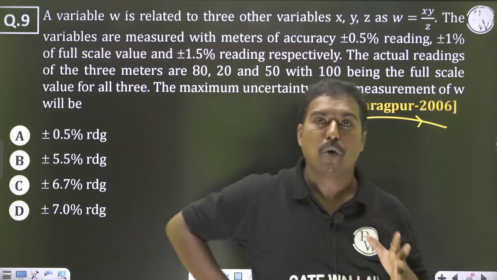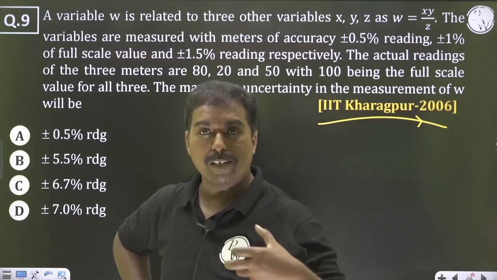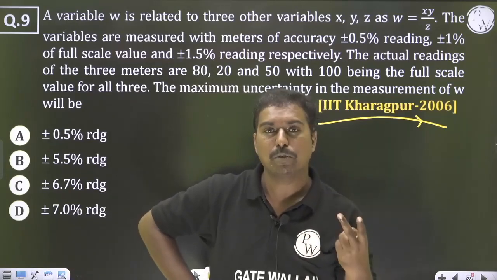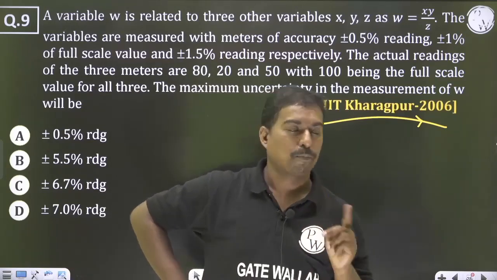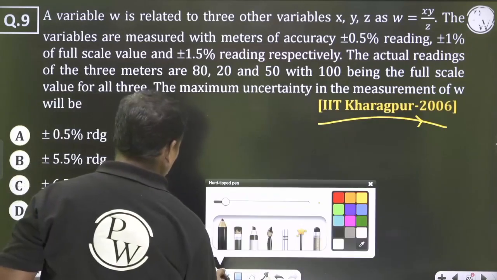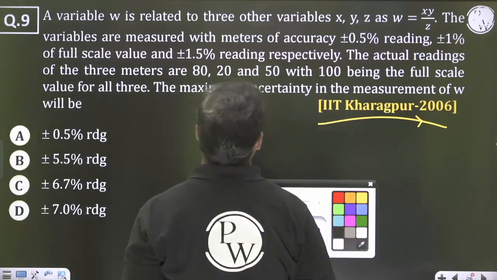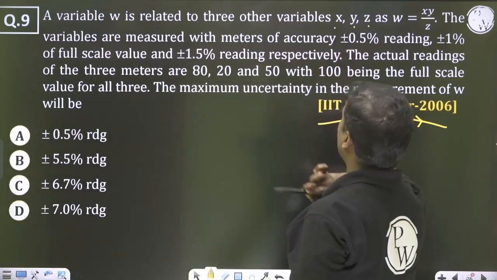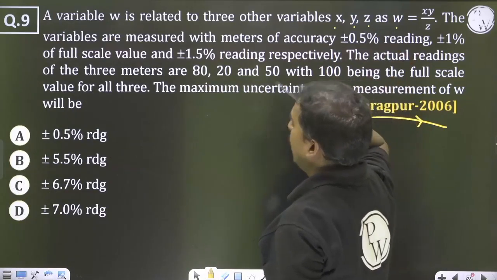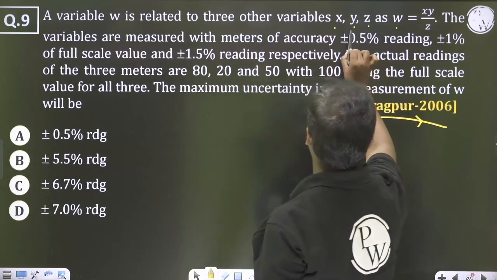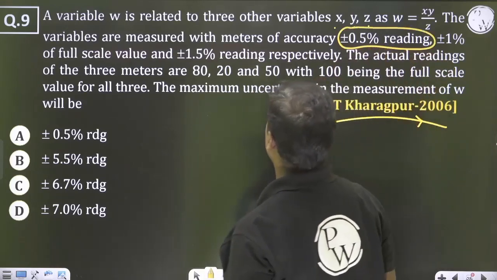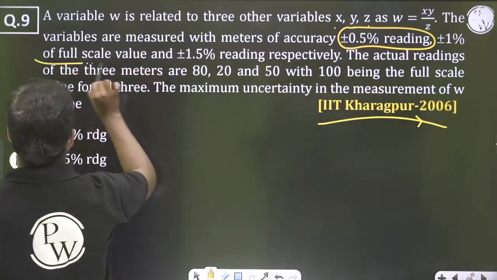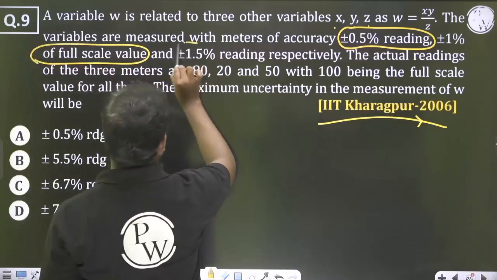One important point in the GATE examination is that while solving GATE problems, you have to study the problem at least two or three times. He has very clearly mentioned here that x, y, z are 3 meters. The resultant is W, and the first meter x has 0.5% of reading as accuracy. Y has 1% of full scale value, and the third instrument has 1.5%.